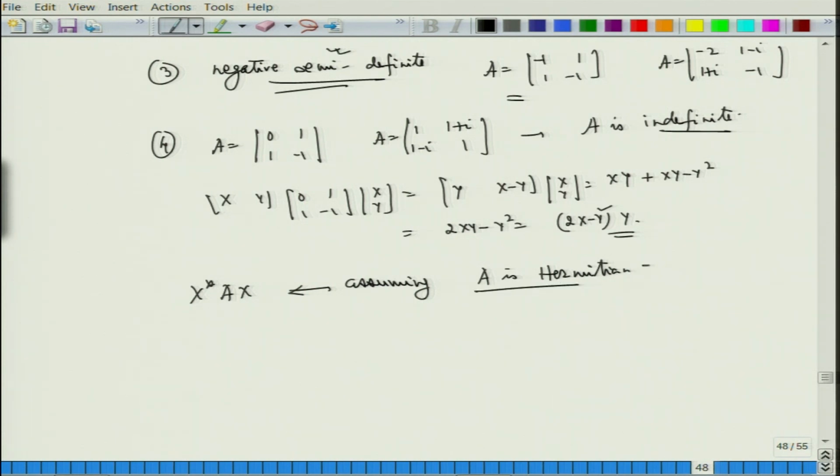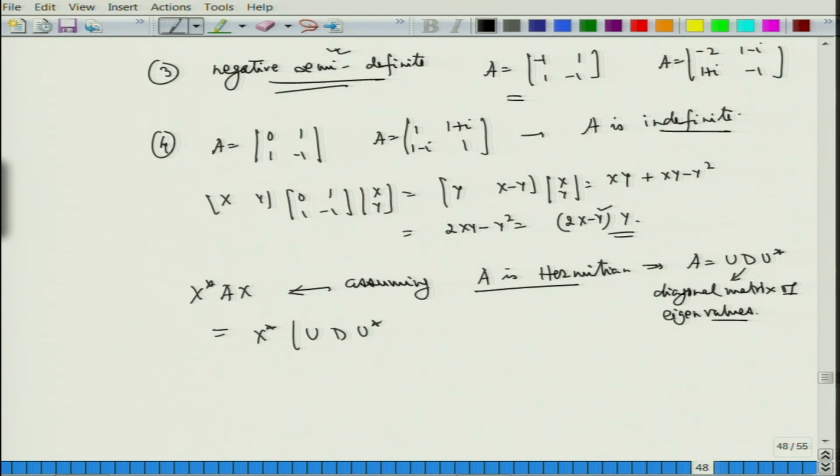So A is Hermitian implies that I can write A as U D U star, D is diagonal matrix of eigenvalues. Fine. So I can replace this by that I did earlier also, x star U D U star of x, which is nothing but U star x whole star D times U star x. All right. Fine. So you can see that that has come into play here.